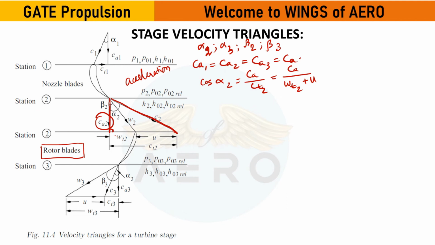Can I write likewise? Yes, total. Yes, cos alpha 2 equals Ca by C2.